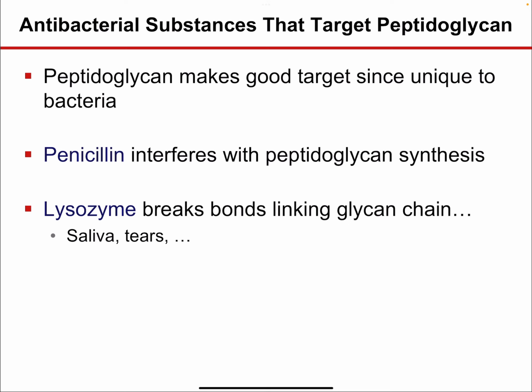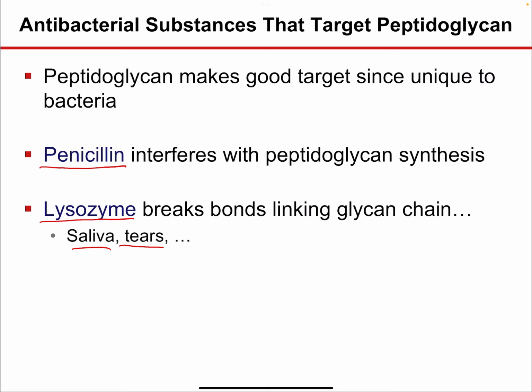I told you that the peptidoglycan can be the target of penicillin, all right, because it interferes with the synthesis of the peptidoglycan. The lysozyme that you find in saliva and tears can actually break down existing peptidoglycan, right?